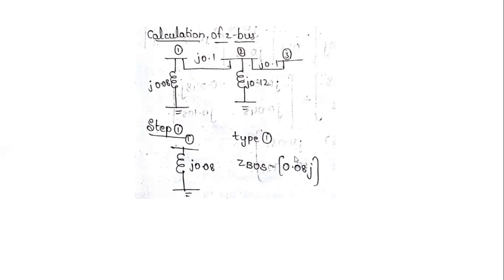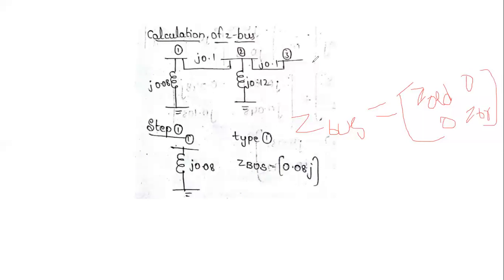There is no Z-bus old matrix, so it is considered as 0. Here ZBR is j0.08, and this is the 1,1 element. So Z-bus equals j0.08. This is step 1.